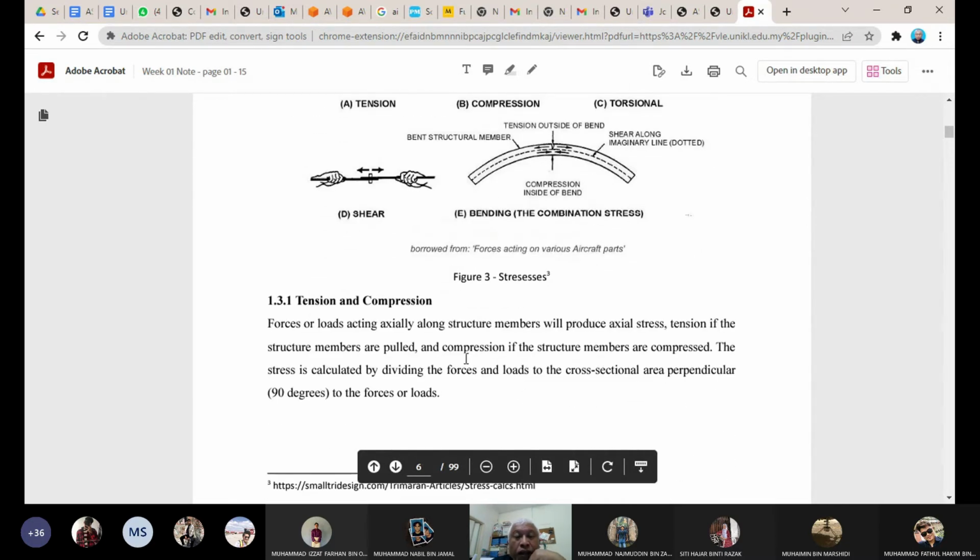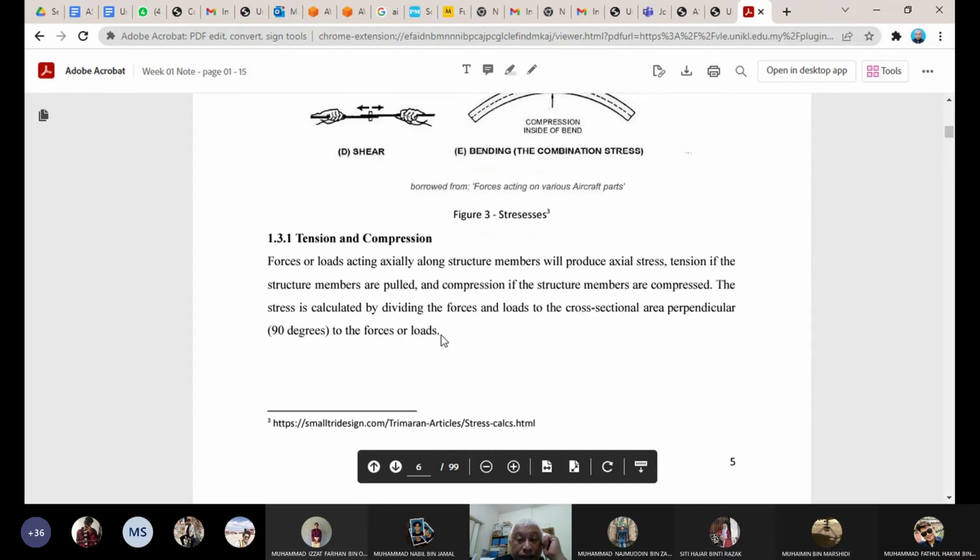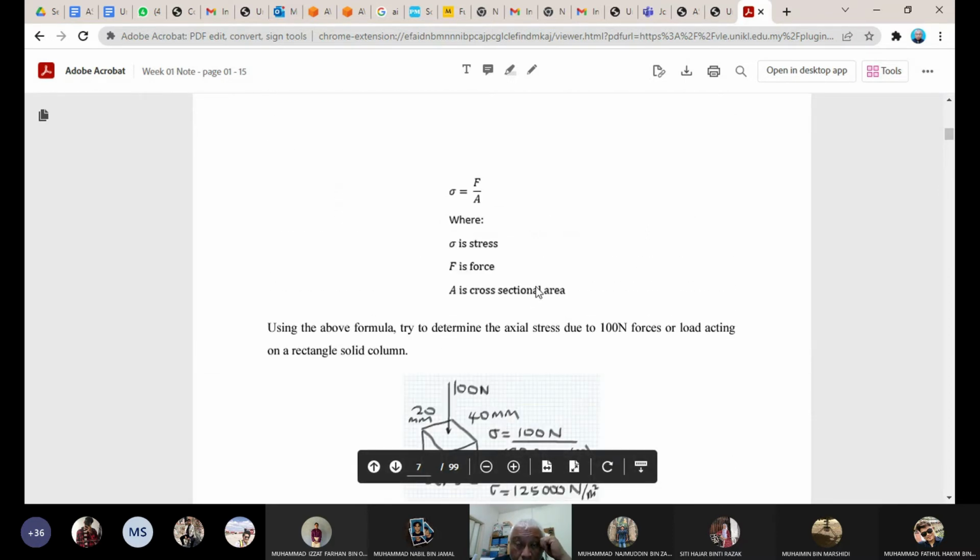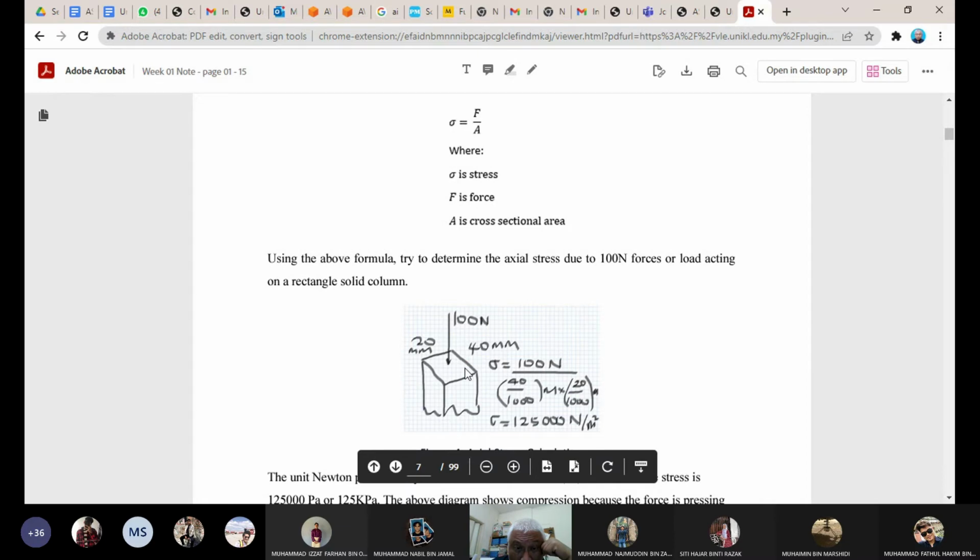So let's look at tension and compression. It's axial load. We have the formula force over area. The area will be the area perpendicular, which means 90 degrees to the force that you apply. By doing that, you have axial stress.